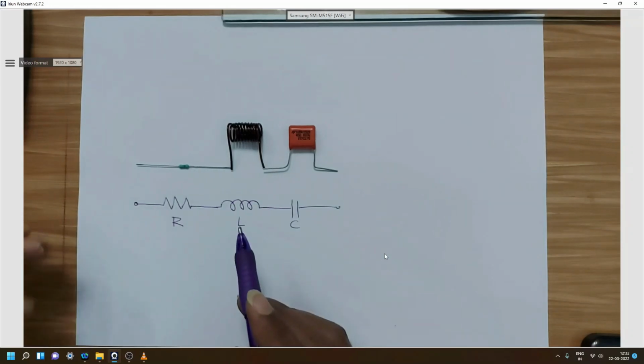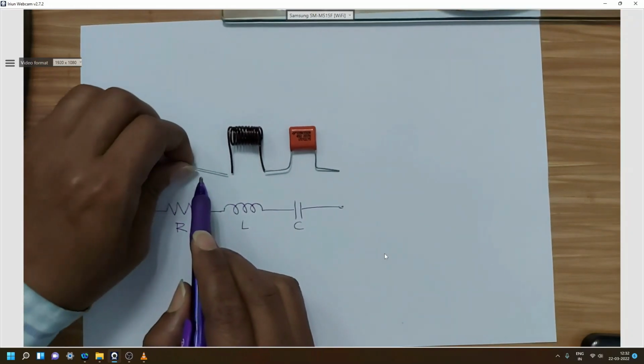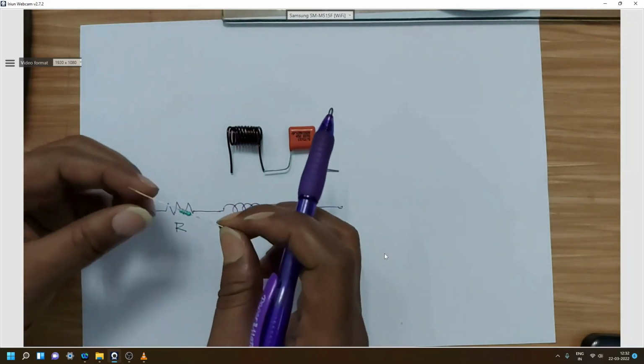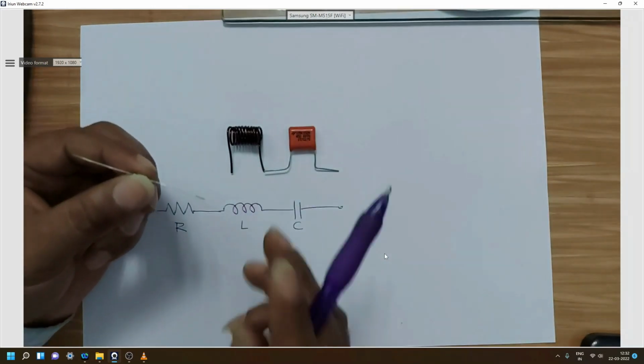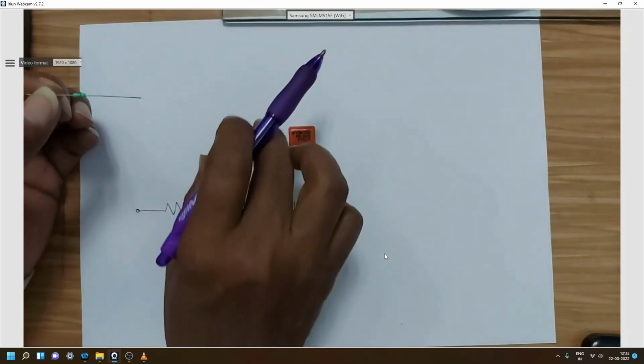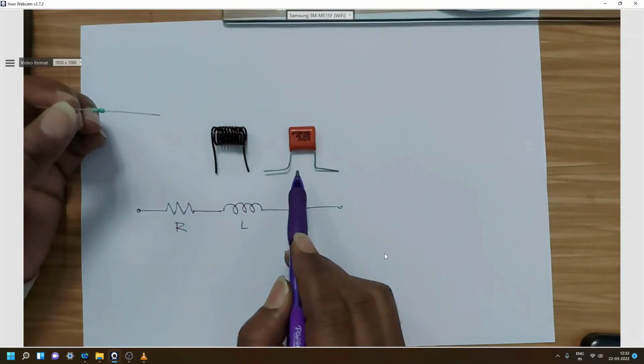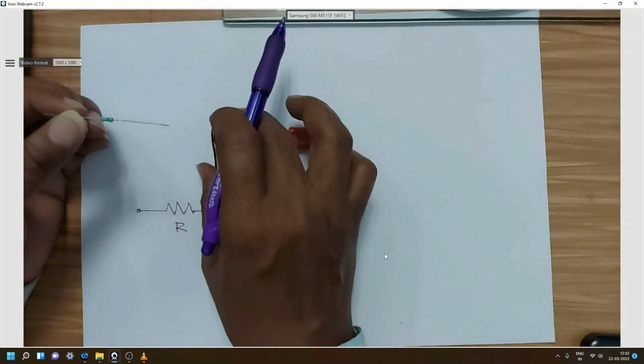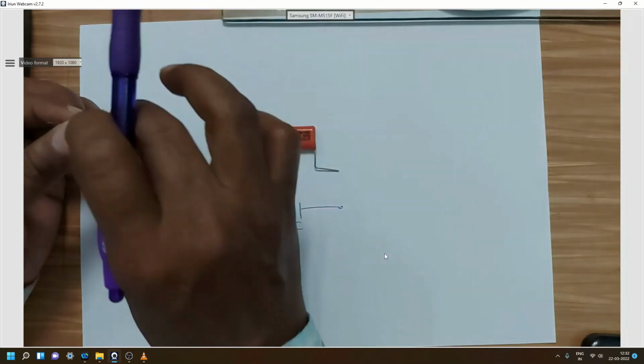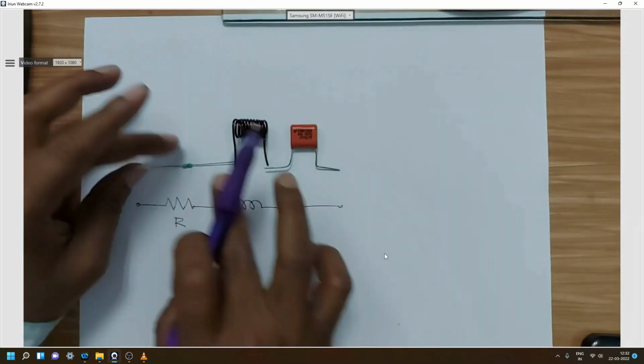Now the resistor will have two leads, and the inductor also has two leads, two connecting points. The capacitor also has two leads, and all these leads are required to be connected as per our requirement.